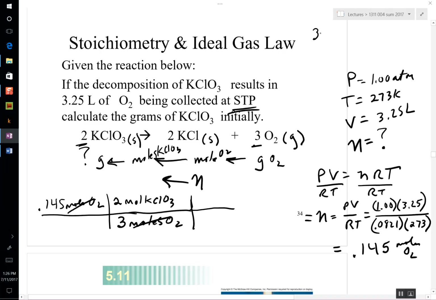So K is 39.9. Wait, no, I forgot. You're right, I missed an oxygen. It's O3, so it's 122.55 grams of KClO3 per 1 mole KClO3.